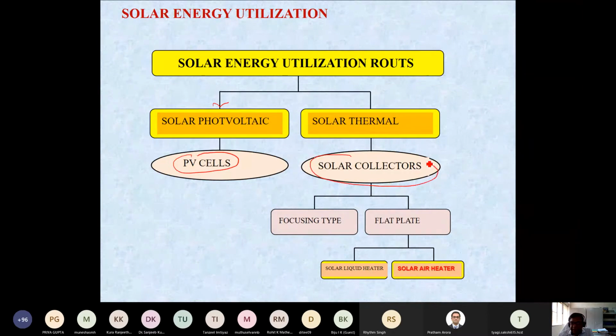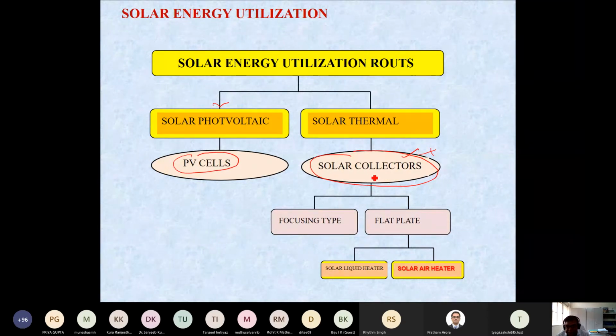Sometimes we use the term solar collector even for PV, but that should not be done. The solar thermal energy system should be known as the solar collector, and this is not the solar photovoltaic or a PV cell.